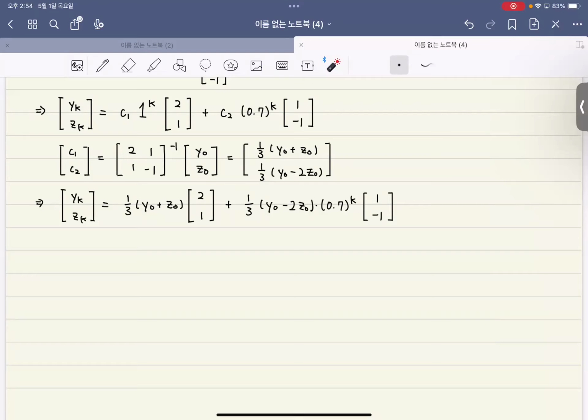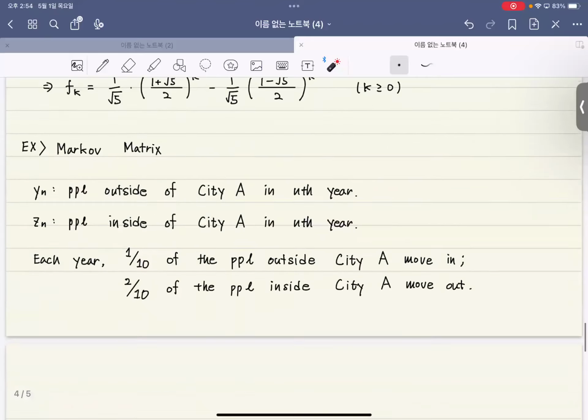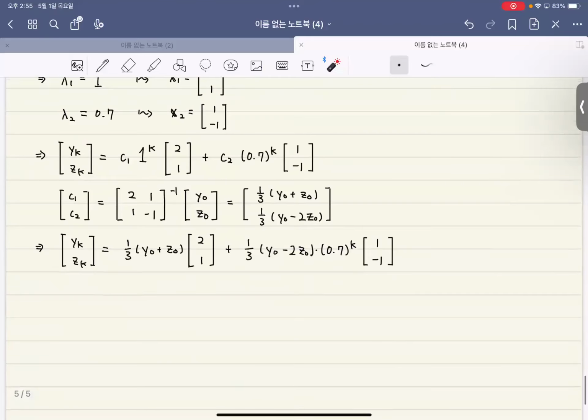So in this scenario, as k goes to infinity, this vector clearly tends to 0, so I can simply get rid of this. Therefore, as k is getting large, the population living outside of the city is going to be 66% of the entire population.